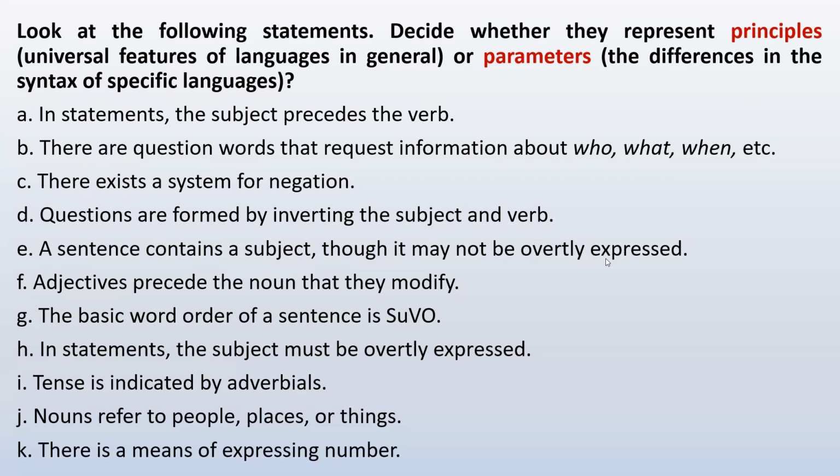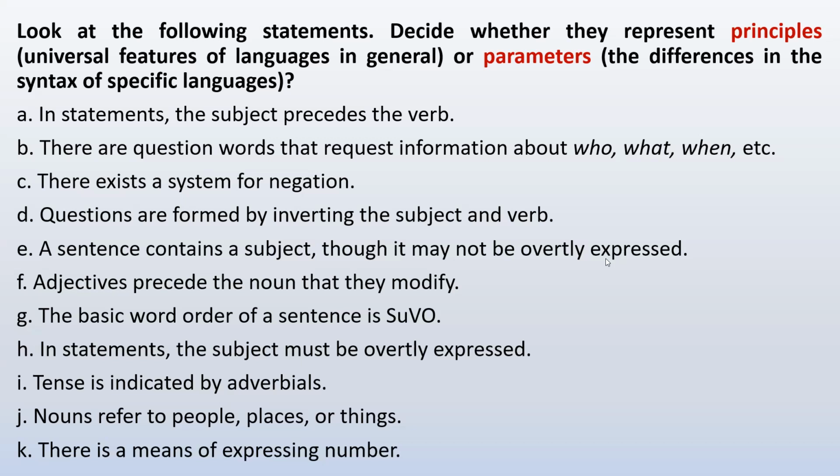But when we form questions, or interrogative formation, in the English language, what happens? There is the inversion. The auxiliary verb comes first before the subject. The auxiliary is shifted to the front of the sentence. So that is what you mean by inversion. What do you think about this statement? Parameter? That's a parameter. Yes.